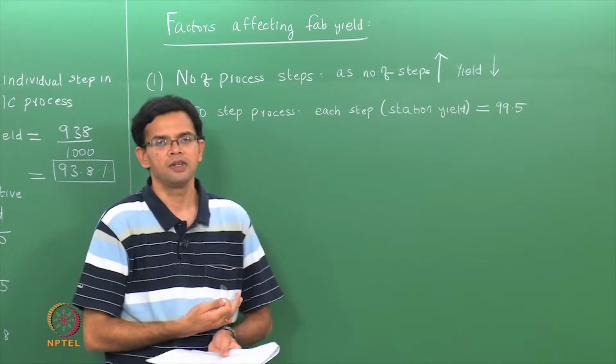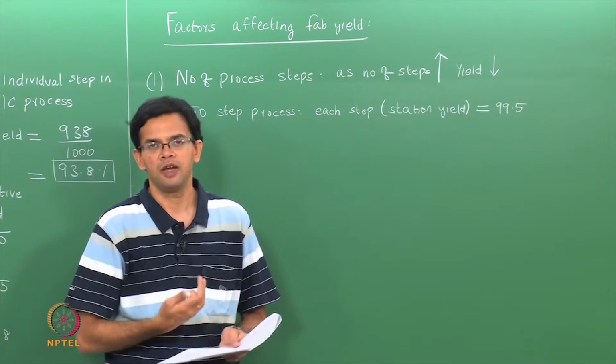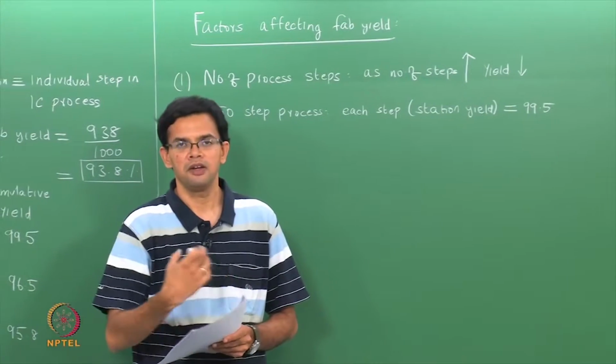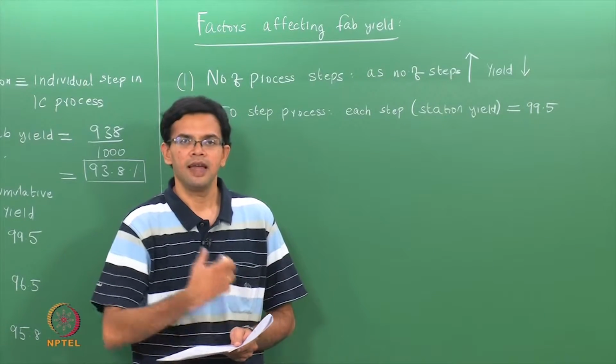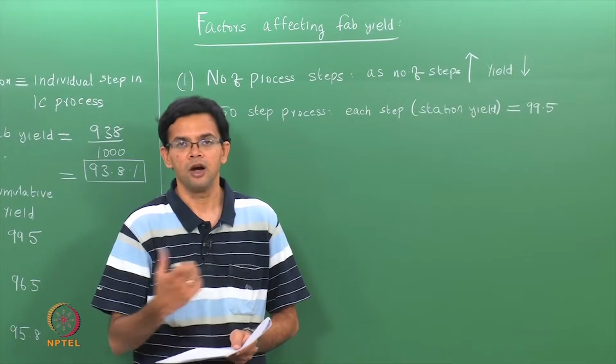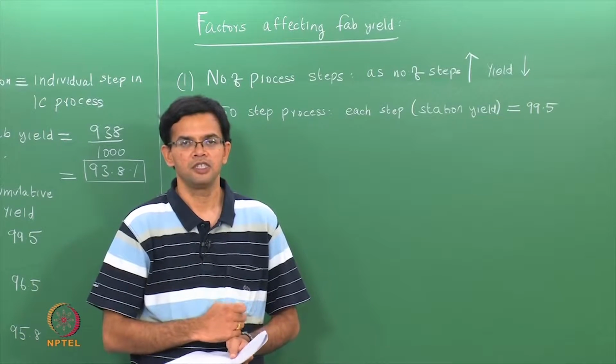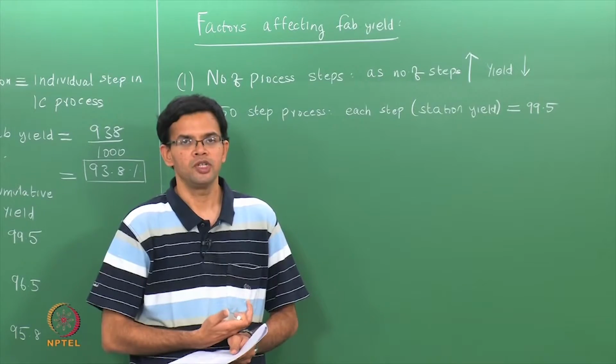So, each step has a yield of 99.5%, which means if 100 wafers come in or 1000 wafers come in, 995 wafers will come out. So, only 5 wafers are lost per individual step.